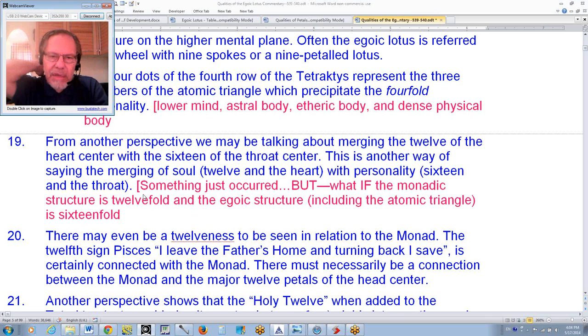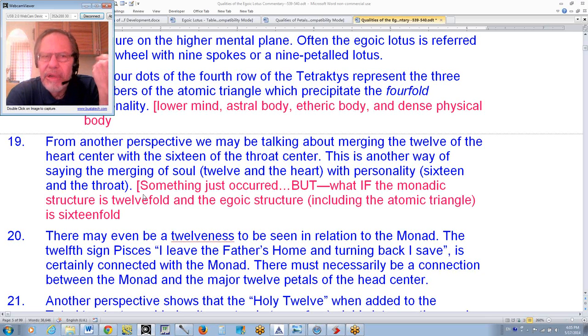And maybe I'm going on to talk about that here. There may even be a 12ness to be seen in relation to the monad. I gather this from the second ray old commentary healing formula, speaking of the higher 12, how the lower 12s respond to the greater 12. So the 12 sign Pisces: I leave the Father's home and turning back I save, that's a 12.